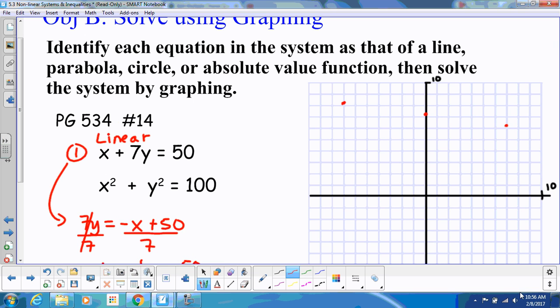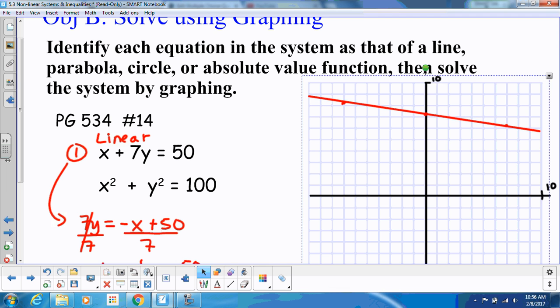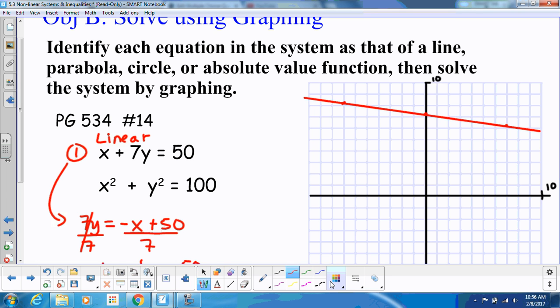Okay. So I have to try to graph this as accurate as possible. I know what my solutions are because I already solved this algebraically. But let's say we didn't know, so you have to try your best to graph it as accurate as possible.